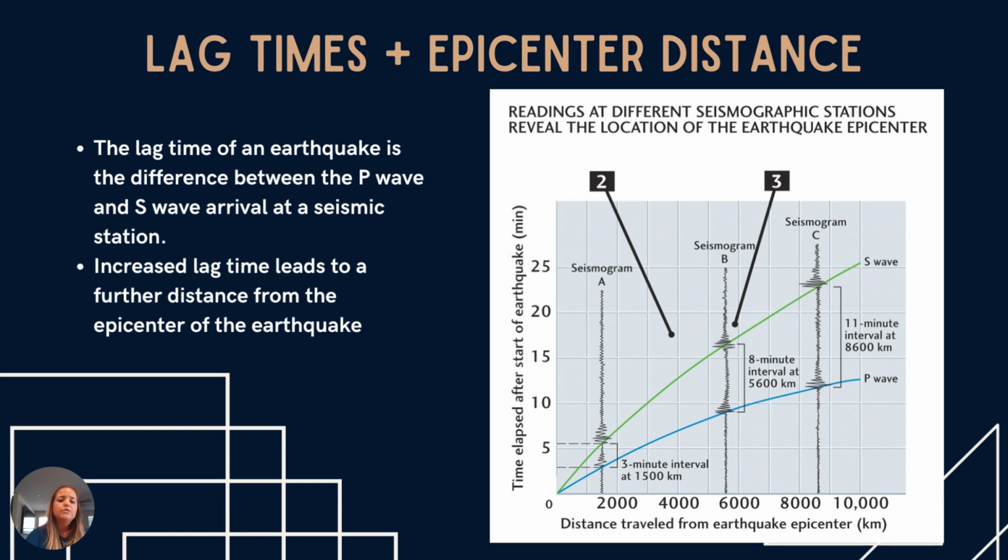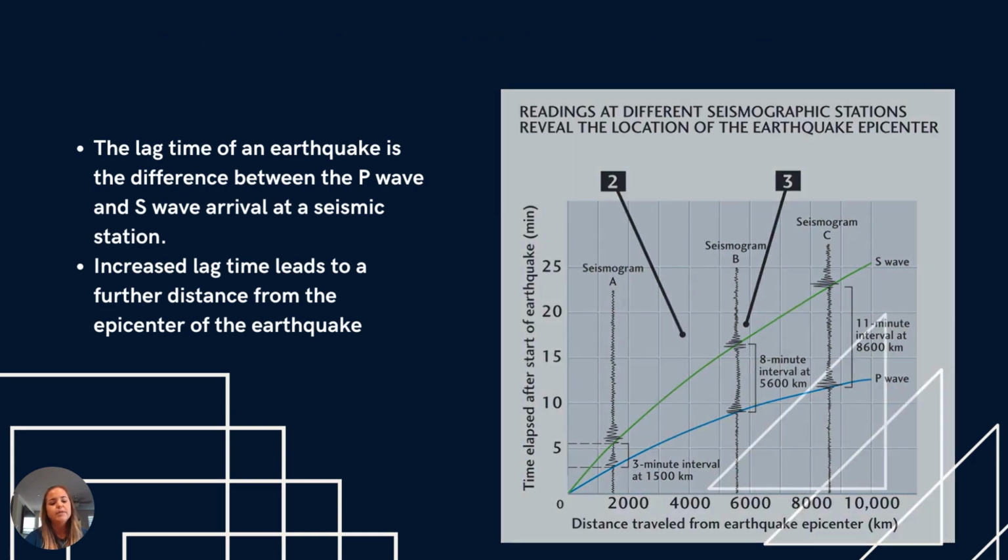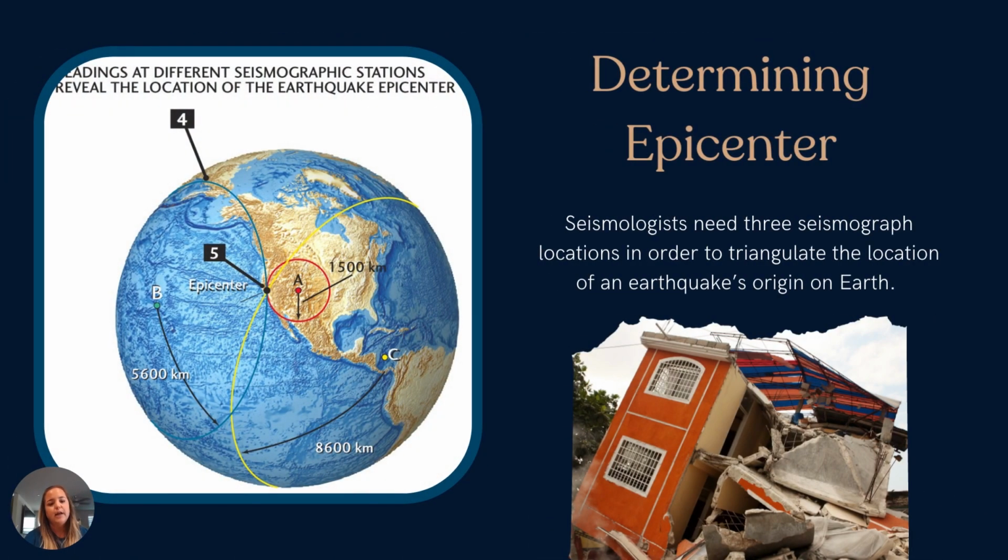Okay, so then we can do some triangulation. If we have 3 or more seismic stations that have recorded a particular earthquake, we can plot those on a map or on the globe and determine where the actual epicenter of the earthquake was. And then we can figure out what fault it came from. If we don't know about the fault, then we start learning more things about that area.